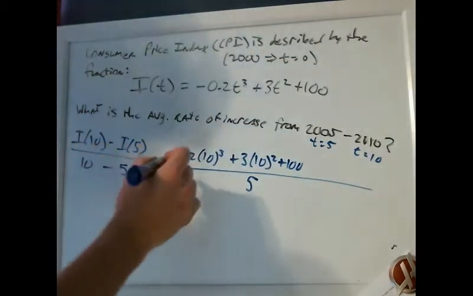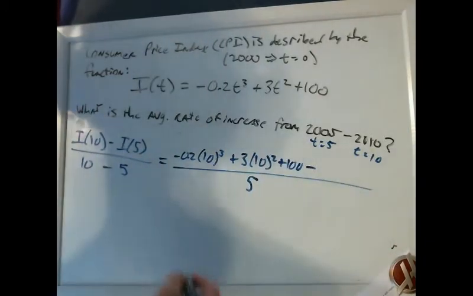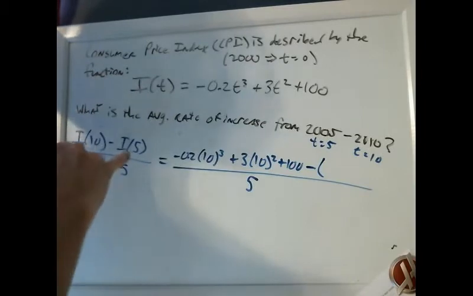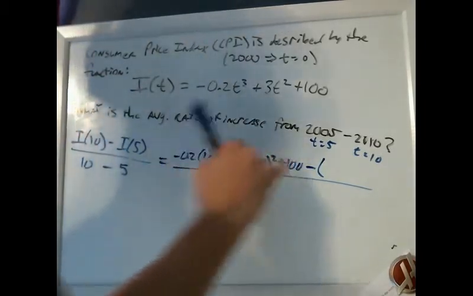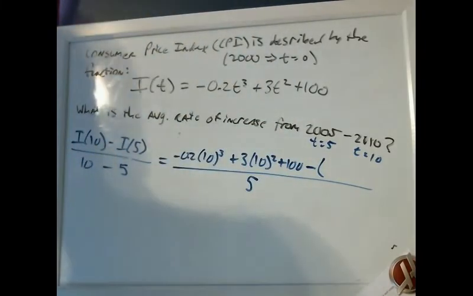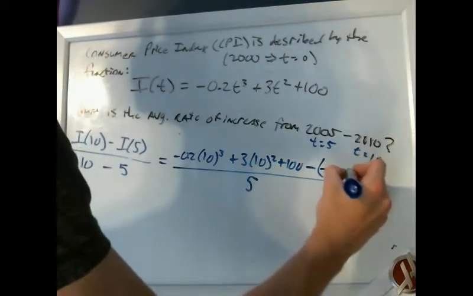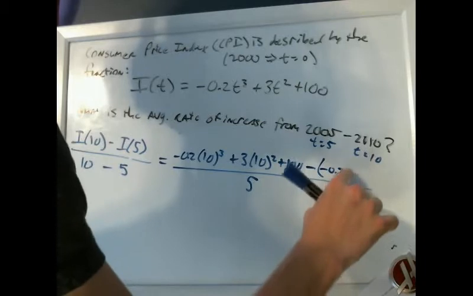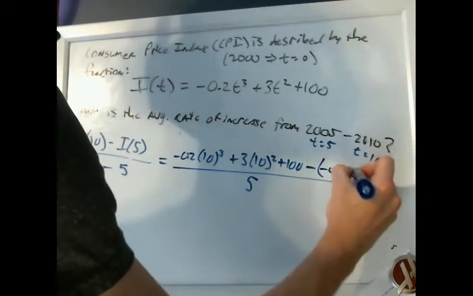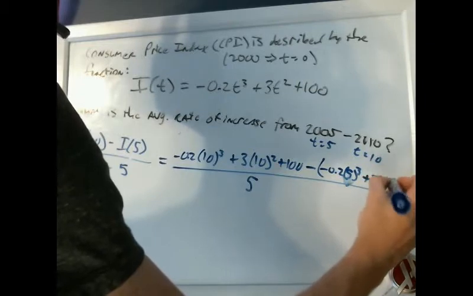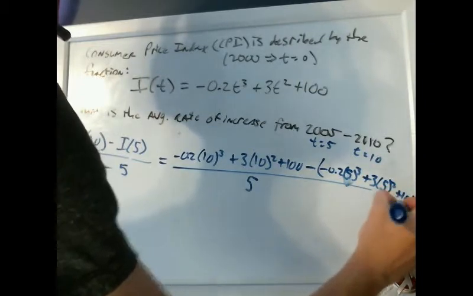That is I of 10, minus the same thing but with 5. And remember to put it in parentheses because the subtraction applies to everything. Negative 0.2 times 5 cubed plus 3 times 5 squared plus 100.